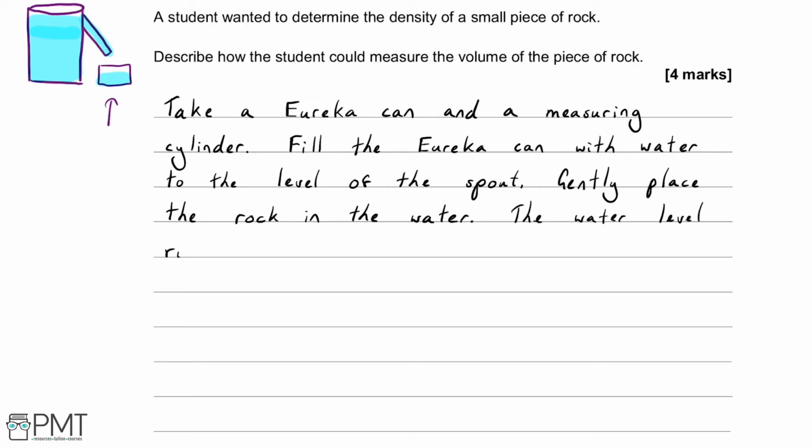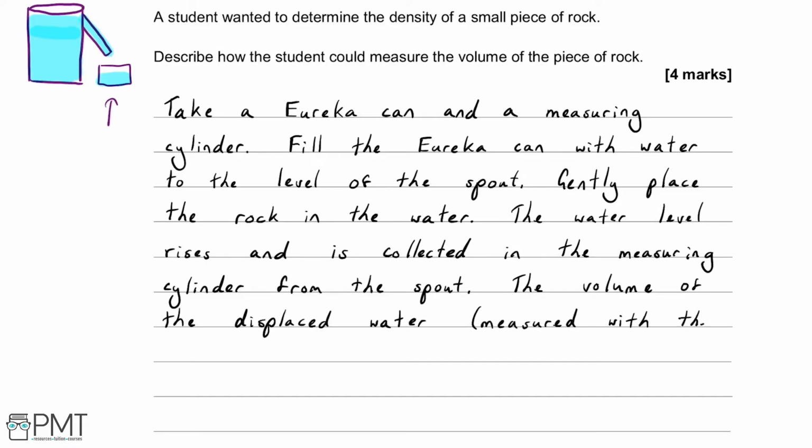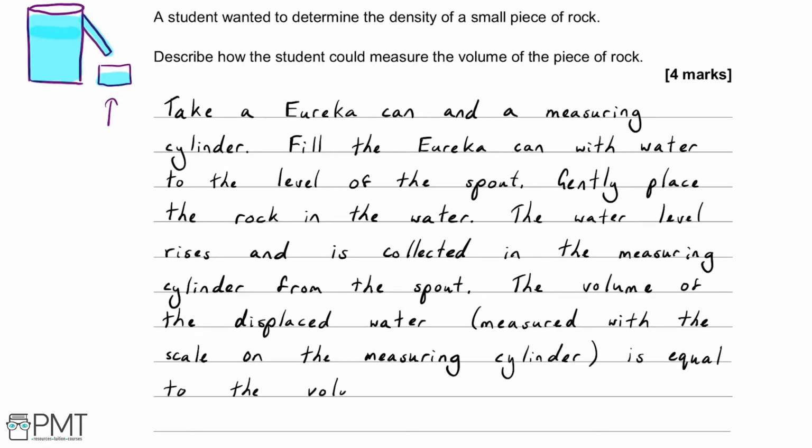The water level rises and is collected in the measuring cylinder from the spout. The volume of the displaced water, measured with the scale on the measuring cylinder, is equal to the volume of the rock. So that's how a Eureka can works, and that is how we would answer this question.